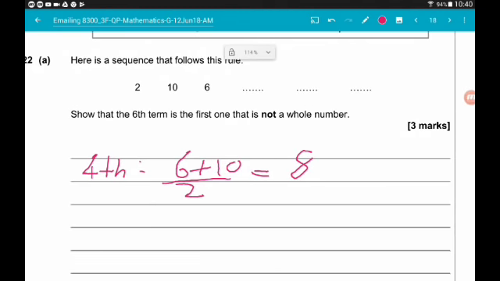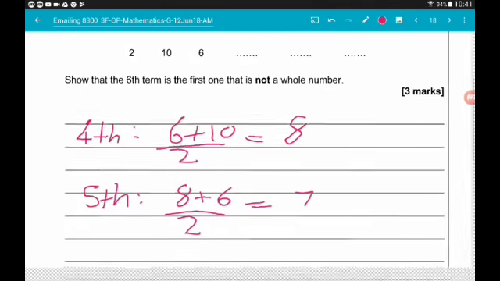The 5th term, well, that's going to be 8 add 6 divided by 2, which is 14 divided by 2, which is 7.